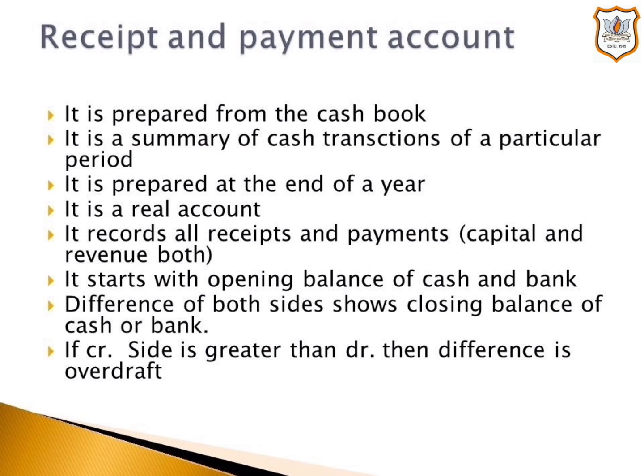Receipts are shown on the debit side and payments are shown on the credit side of the account. Receipts and payments of every nature are shown in this account, whether it is capital or revenue in nature, or whether it relates to the current year, previous year, or next year. Receipts and payments account gives a fair idea about the cash position of an organization.